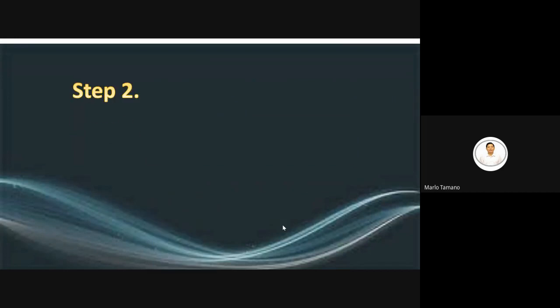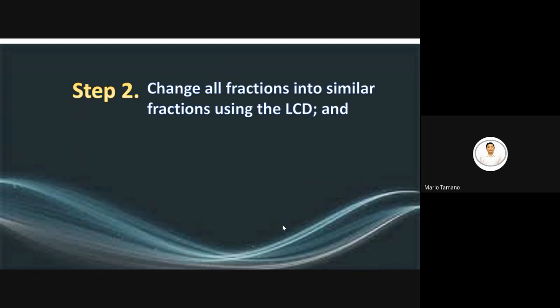Okay. So, step number 2, change all fractions into similar fractions using the LCD. Bakit po kailangan pang palitan yung mga fractions ng similar fractions? Gamit ang LCD kasi nga kailangan natin palitan lahat ng mga ibinigay na fractions, no?